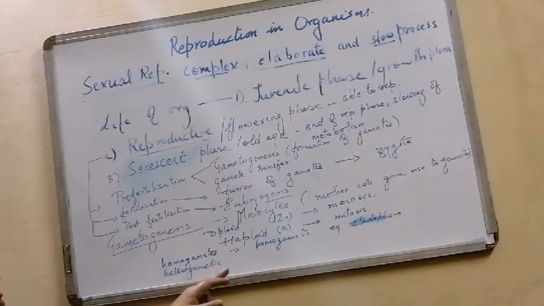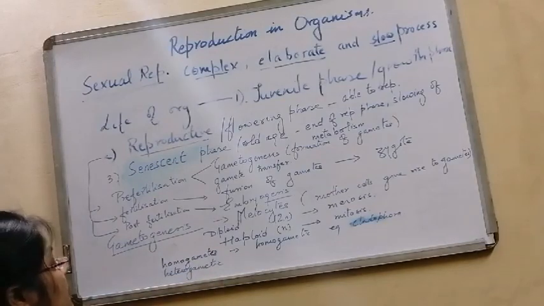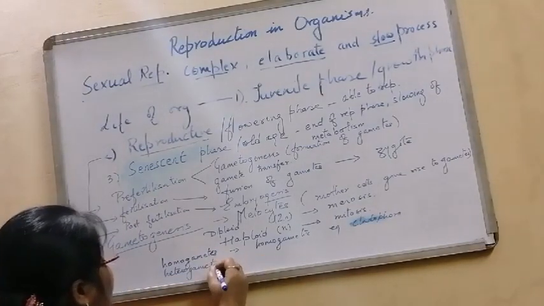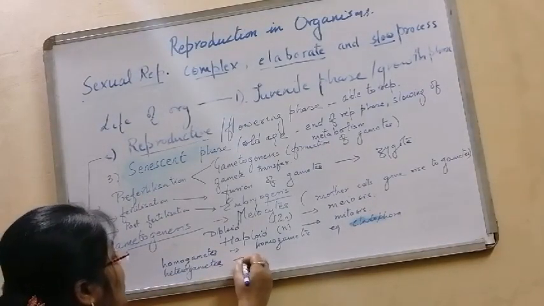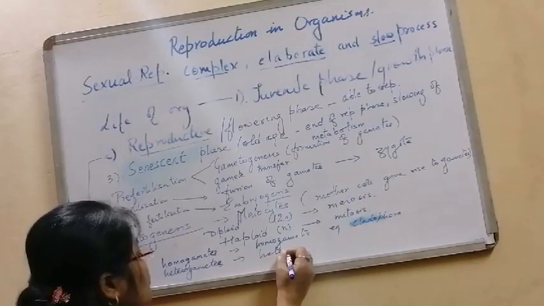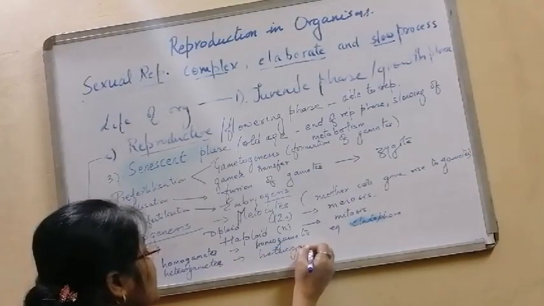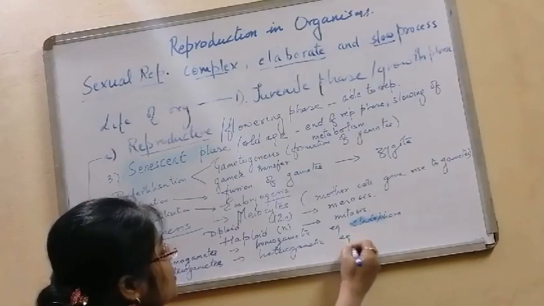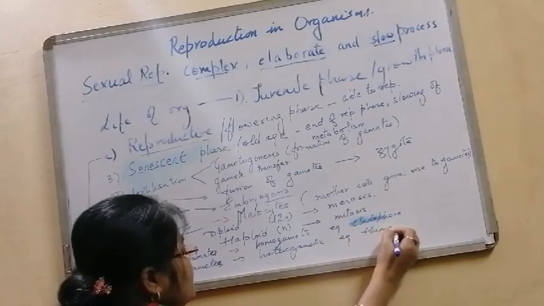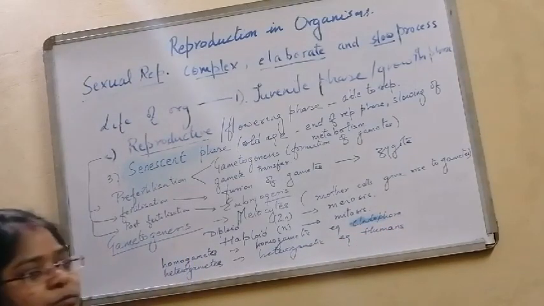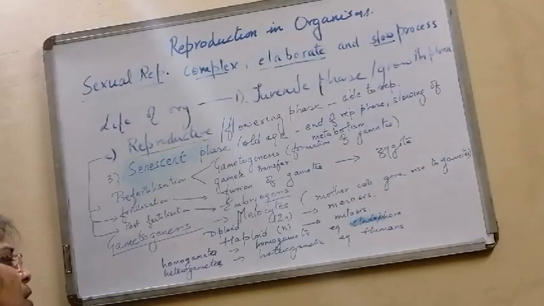So they are heterogametic organisms, and the gametes are called heterogametes. The best example is humans. Various other organisms, including plants, are heterogametic as well.